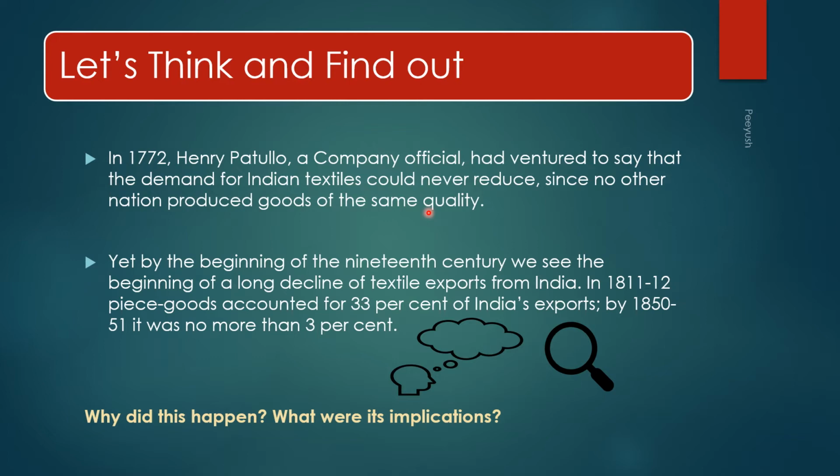So he said in 1772, the dates are important here. In 1772, he remarked that since the quality of Indian products is really good, its demand in the international market, and when we are talking about the international market for Indian products, it was majorly England here, would never reduce.